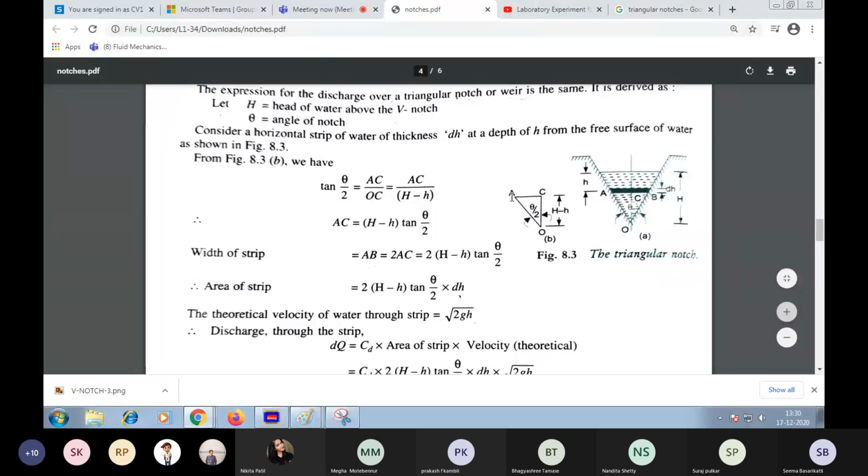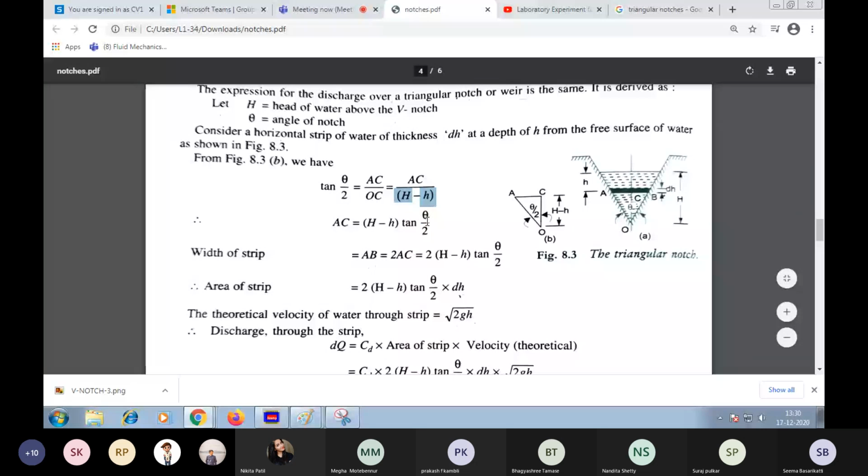What is AC? This distance we have to identify. But what is OC? It is H minus h. Therefore I need the distance AC, so this term H minus h will go to the numerator. That will become (H minus h) into tan theta divided by 2.